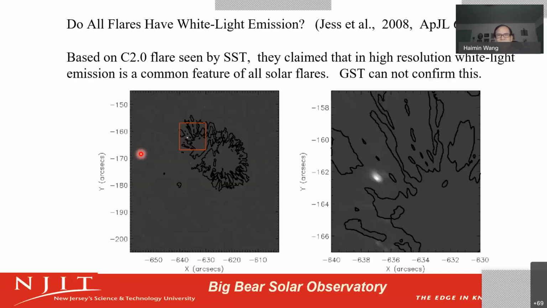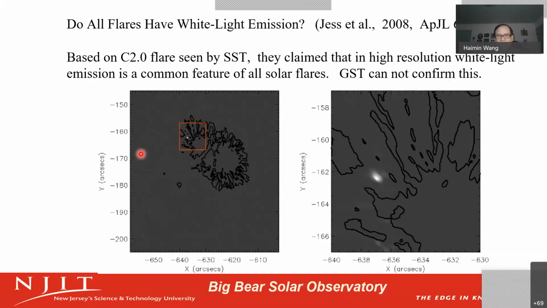If we talk about the highest resolution observations, I believe the very first paper, almost 20 years ago by Jess, used the Swedish 1 meter telescope to observe a white light flare.